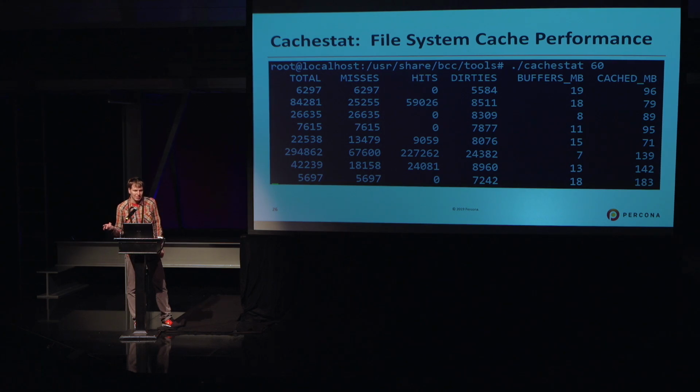With eBPF tracing, you can see very well how many hits or misses your cache is having, as well as how many dirties, which means how many writes to the cache have happened, which you can then compare to the number of physical writes going to the storage, and see how much the cache allowed to buffer.